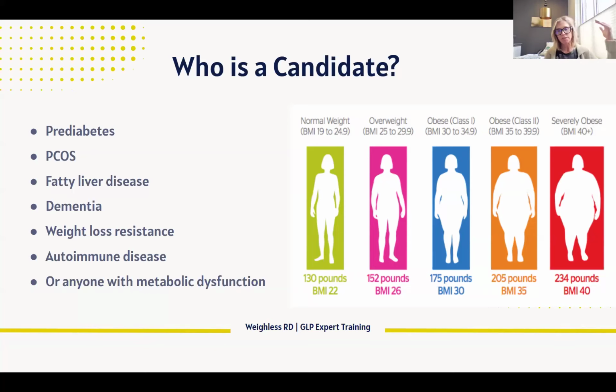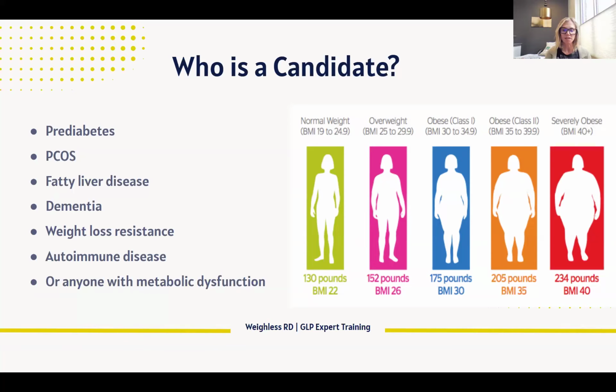So these are some ideal diagnoses that people are going to respond really well to: obviously pre-diabetes, PCOS, fatty liver disease, dementia, weight loss resistance, autoimmune disease. Really, all disease begins with metabolic dysfunction. And then it really just depends on how severe the metabolic dysfunction gets and what your body's propensity is to develop certain diseases, based on genetics and that type of thing, where that ends up falling.